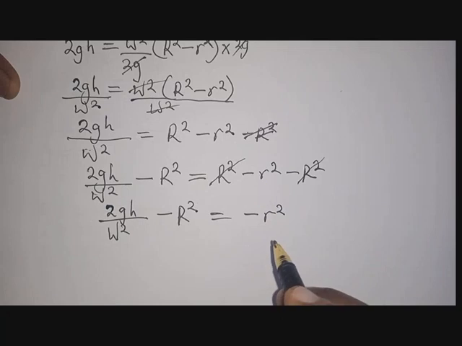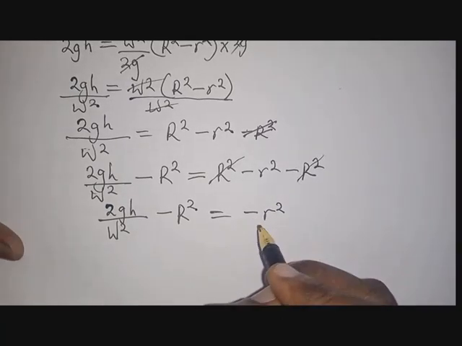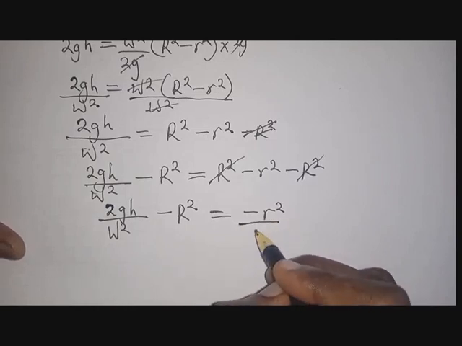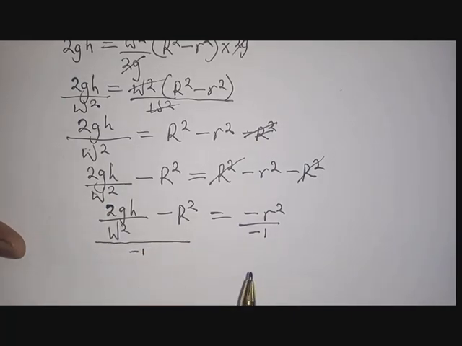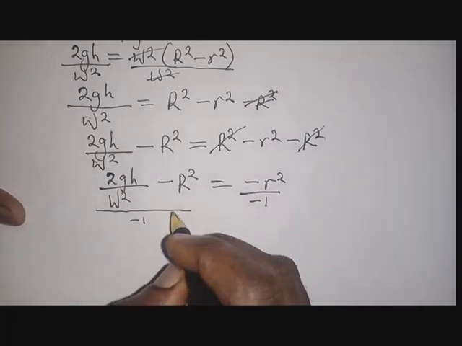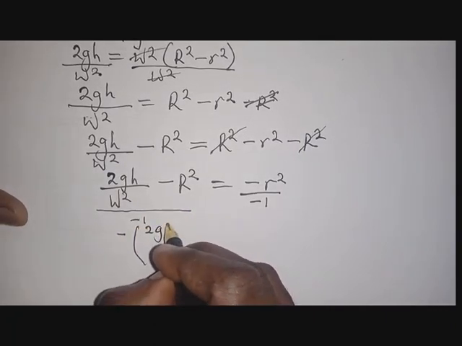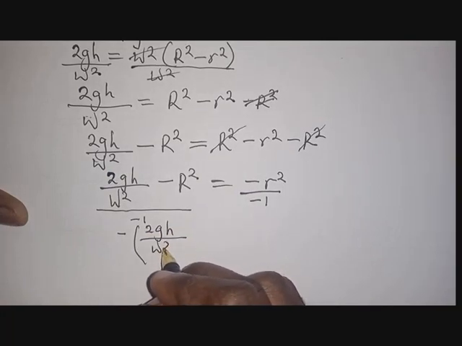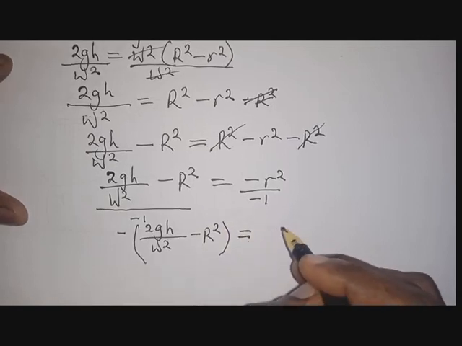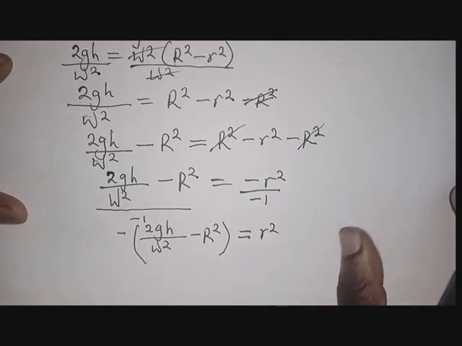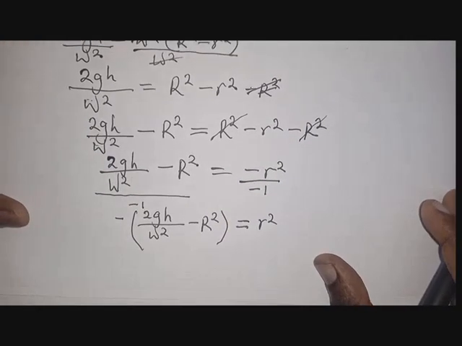So the next thing I'm going to need to do now is to try to take off the sign. The negative sign needs to go off. So I'm going to divide through by -1 and -1. Then this is going to become minus 2gh over w squared minus R squared equals r squared. Okay. Then I'm going to try to open the bracket.